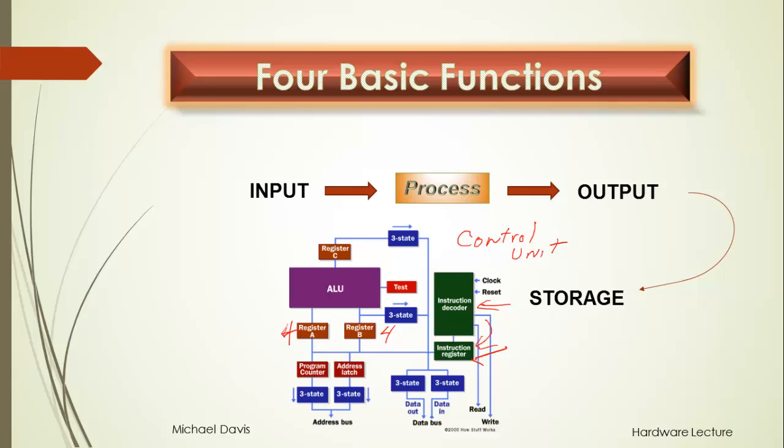Well, the control unit doesn't add. The control unit passes that off to this device right here. You see it says ALU. That stands for Arithmetic Logic Unit. And that is the device that does those kinds of calculations and makes logical decisions. Is this bigger than that? Is this true or is this false?